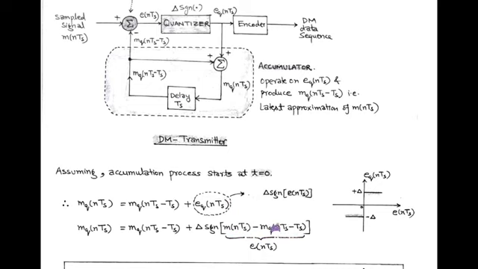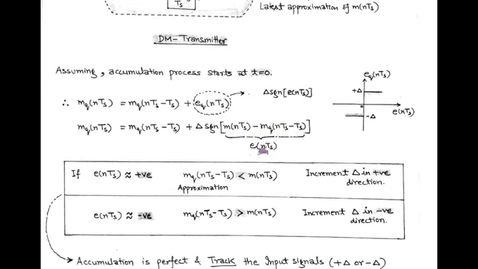Now, if the error signal e(nTs) is positive, the latest approximation is less than m(nTs), and the level is increased by delta in the positive direction. Also, if the error signal is negative, the approximation, that is mq(nTs - Ts), is greater than m(nTs), and the corresponding level is decremented by delta in the negative direction.